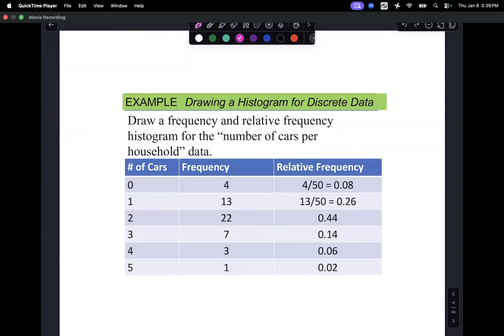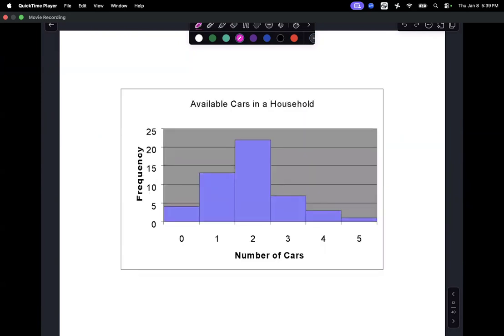So we're looking at the car data that we just had. We figured out the frequency and the relative frequency. So here is my histogram. When it is discrete data, the categories are labeled in the center of each of the bars of the histogram. If it is continuous, this is not how we label it.